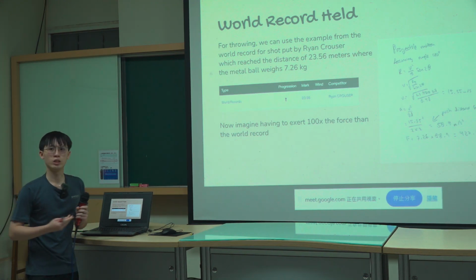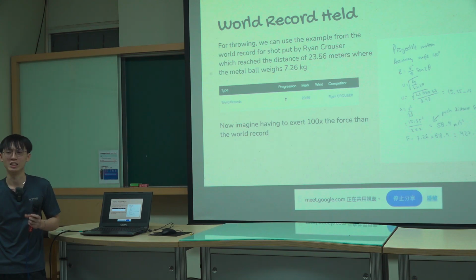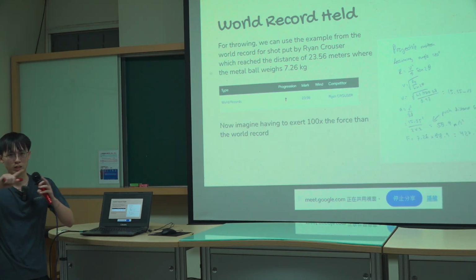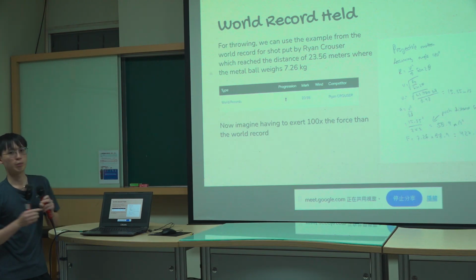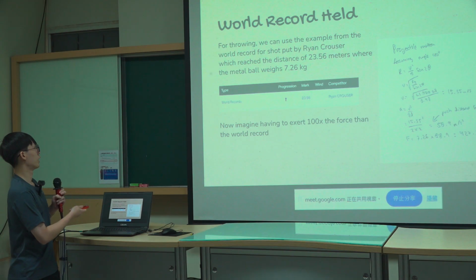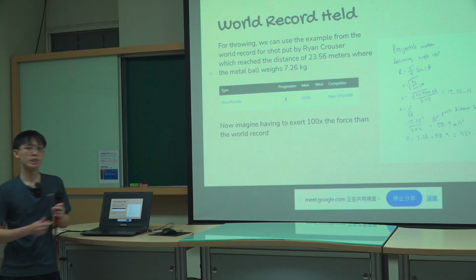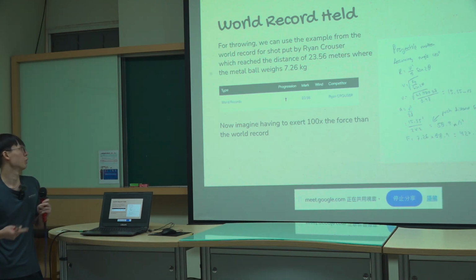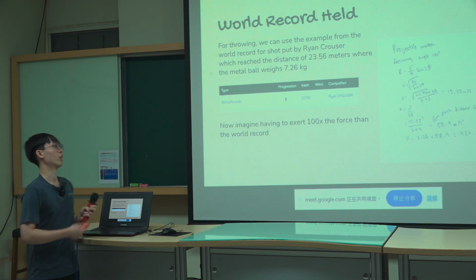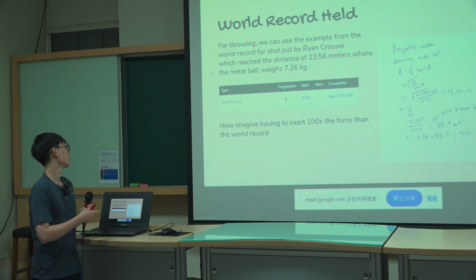So now let's compare it to one of the actual world records held in real life. Since we haven't seen someone throw an actual organ, we can compare it with a smaller object, for example, shot put. In shot put, the world record is held by Ryan Crouser, who reached a distance of 23.56 meters with a metal ball of around 7.26 kilograms.